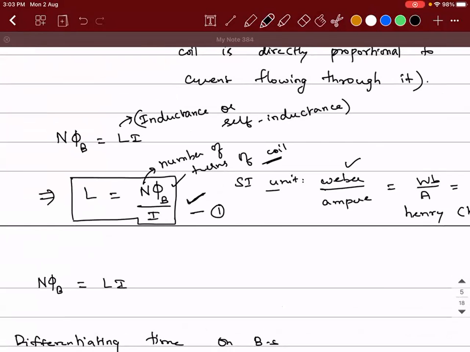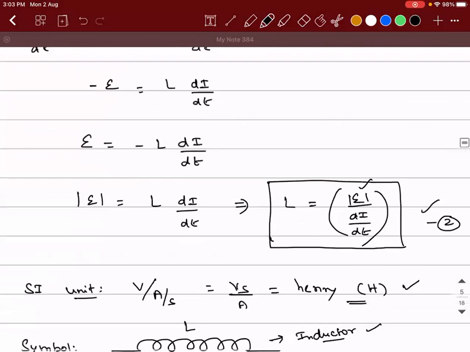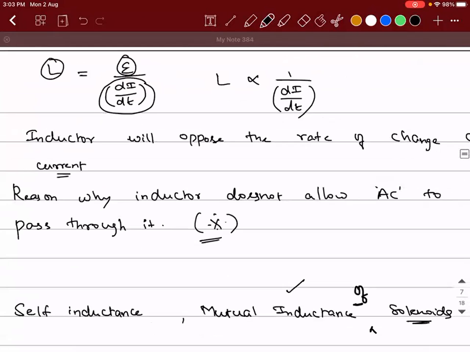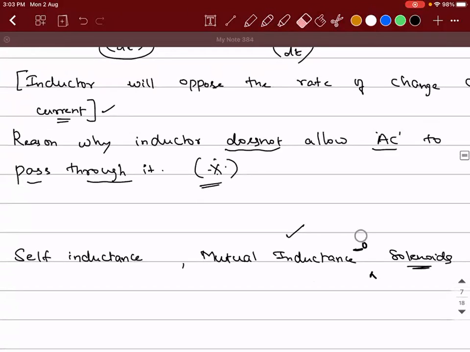The mathematical value is N phi divided by I. It is also the property of an inductor to oppose the rate of change of current. So an inductor is a device which will oppose the rate of change of current, so it does not allow the current to change with respect to time. And there is a reason why an inductor does not allow AC to pass through it. Then we'll go to the concept of self-inductance of a solenoid.